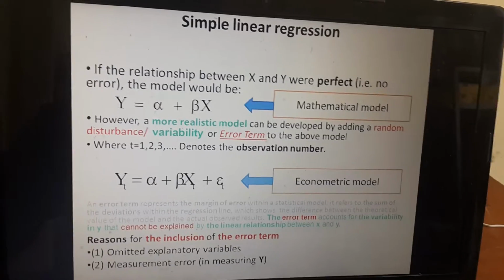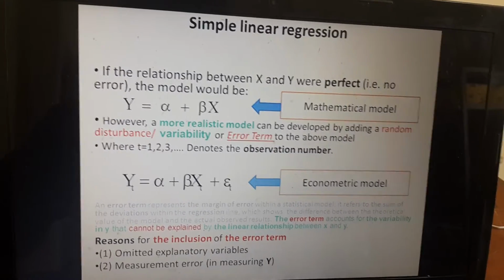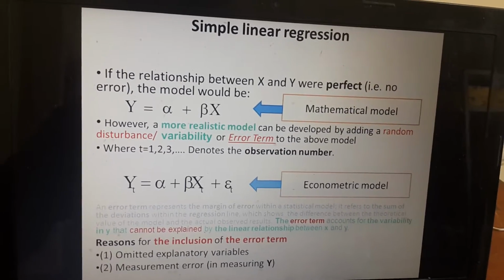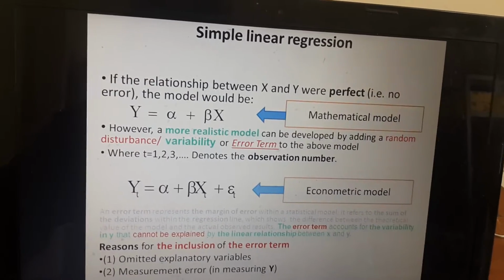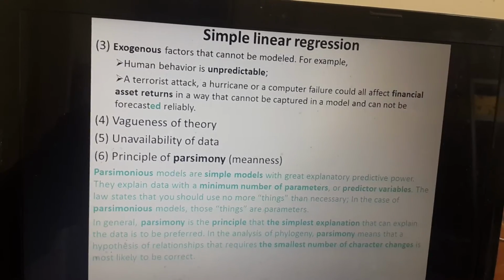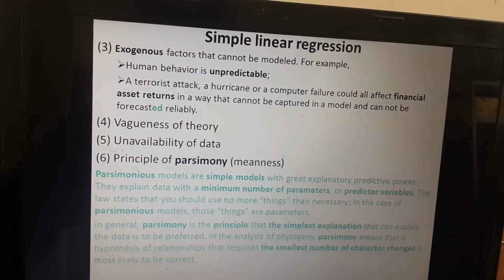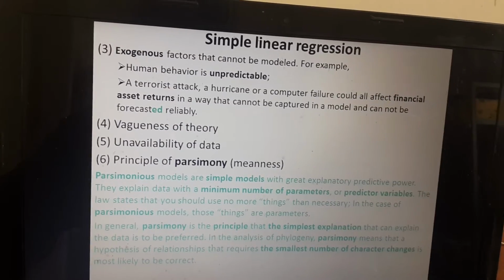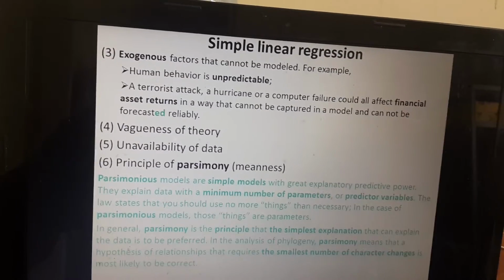These error terms can occur due to different reasons: omitted explanatory variables, measurement errors when we have committed errors in measuring, and extraneous factors that cannot be modeled. This may be related to human behavior, terrorist attack, hurricane, and others.